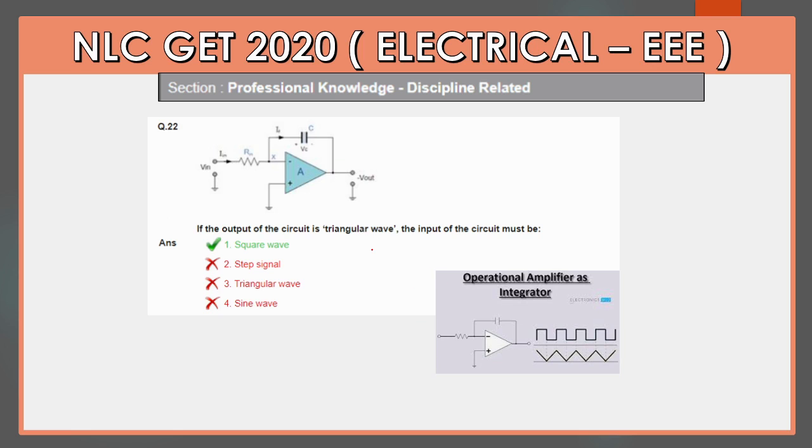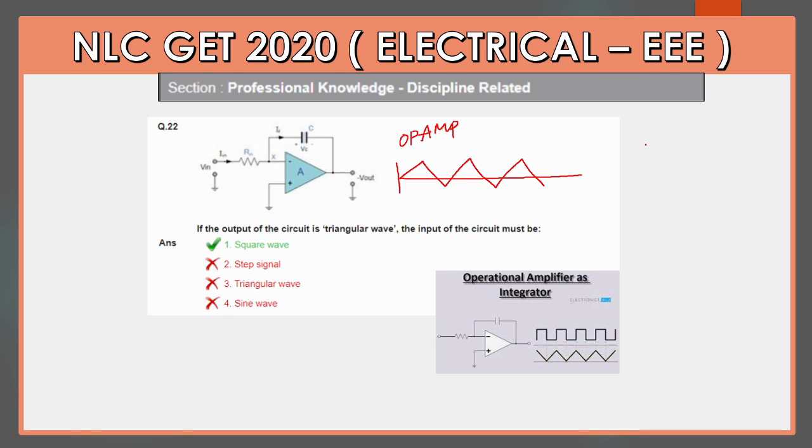Next question, question number 22. It is given an op-amp integrator. So it is saying the output of the circuit is a triangular wave. Then the input of the circuit must be. So it is saying what is the input of the circuit.